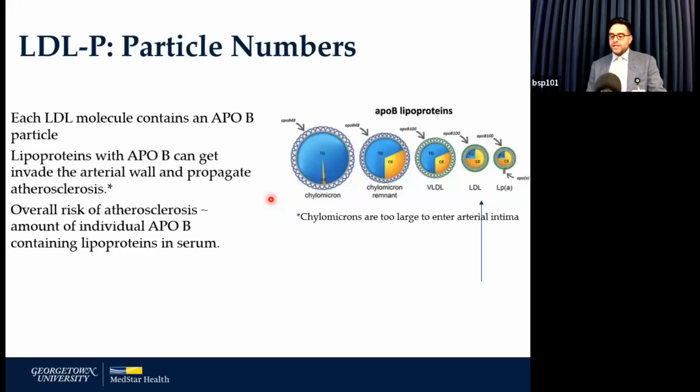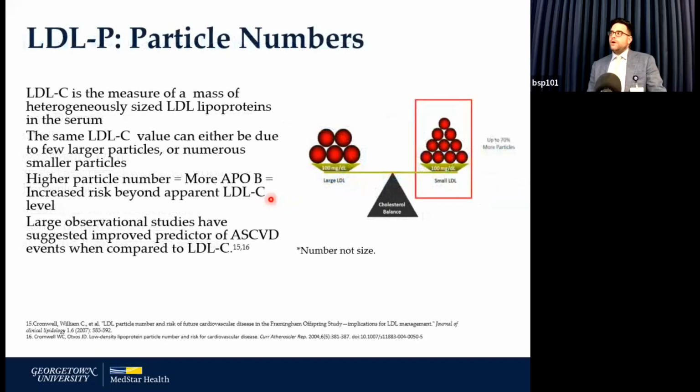We're talking about VLDL, chylomicrons, Lp(a), etc. So one thing we can do to better understand the risk that her LDL cholesterol poses is to get an LDL particle number. So like we said, the individual risk comes from the amount of lipoproteins that contain ApoB.